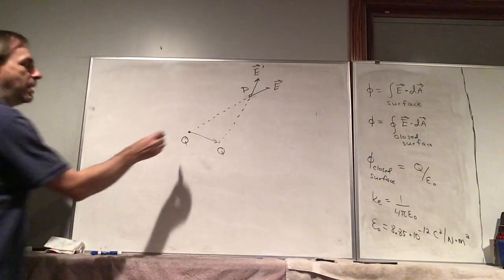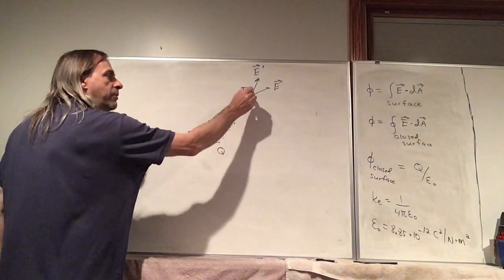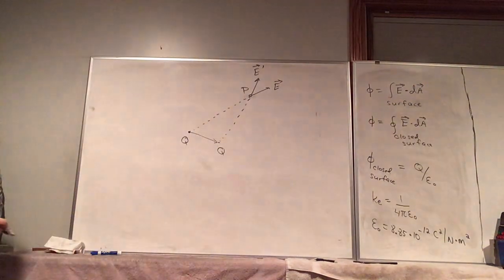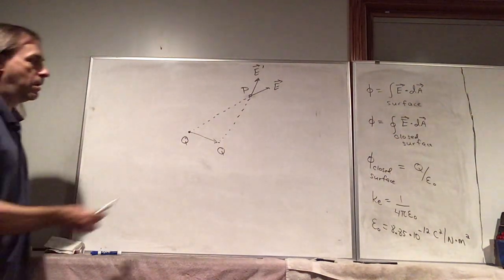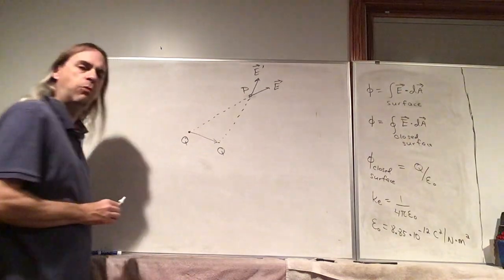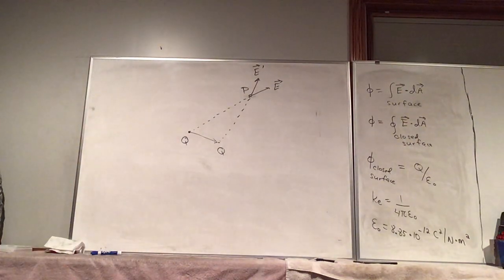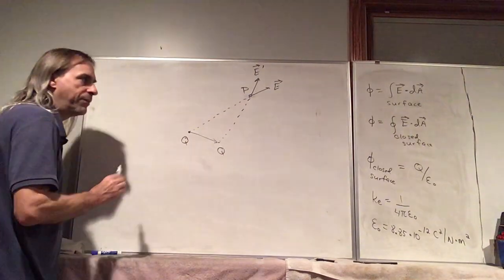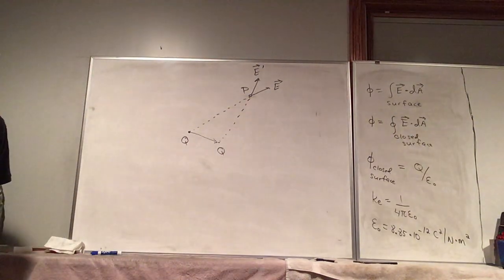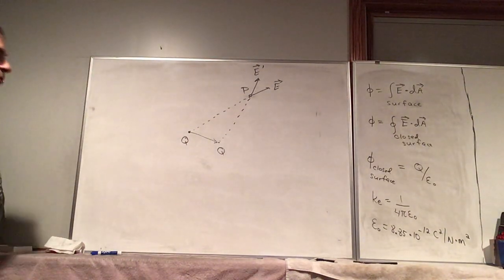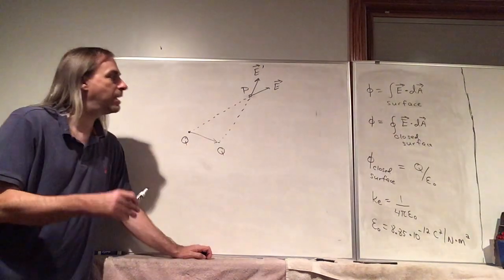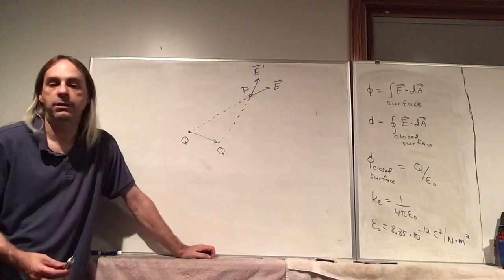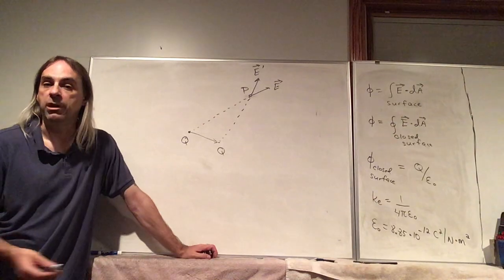So that's what the electric field looks like after the charge moved. The problem is, what if I said this charge moved, you're at point P, what electric field do you see? You're still going to see this one for a little while at least, because you can't know that the charge moved until the information reaches you, and information cannot travel faster than the speed of light. Now, that's usually pretty fast.